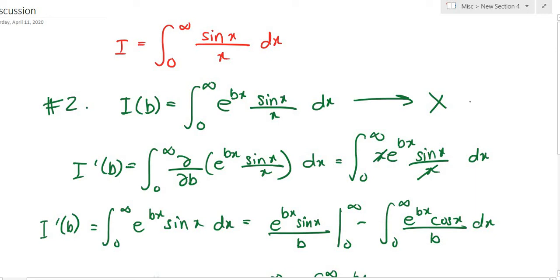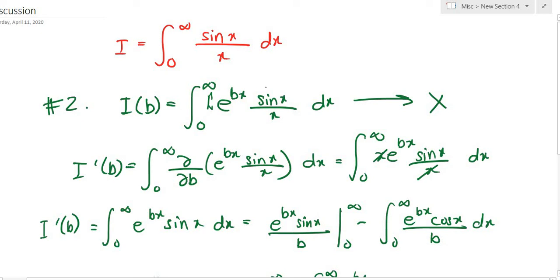And now let's go back to our Feynman integration technique page, and I'll show you what parameterization actually works. Well, before that, here's a hint. We don't only require a function that has b times x in the argument, we also want a function that converges in this interval.